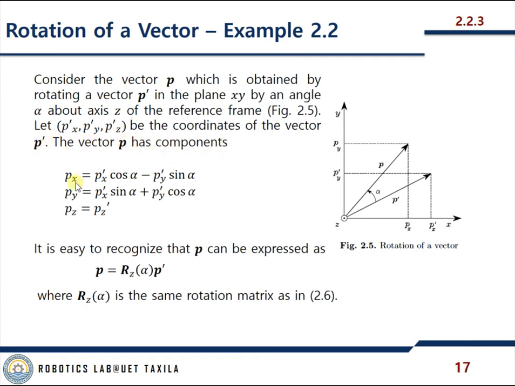The vector p has components like this, and we can represent these components in the same way. So it is easy to recognize that p can be expressed as the rotation matrix R applied to p bar about the axis z, where R is the same rotation matrix as we described in equation 2.6.